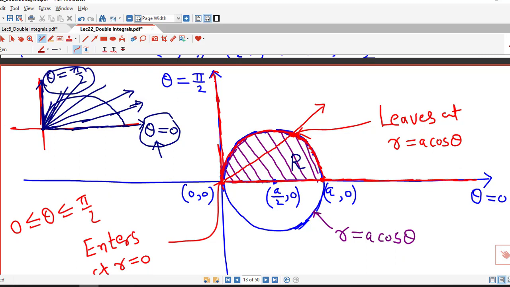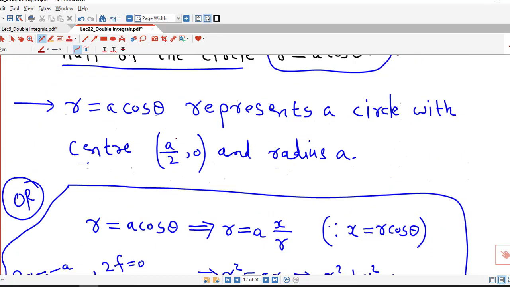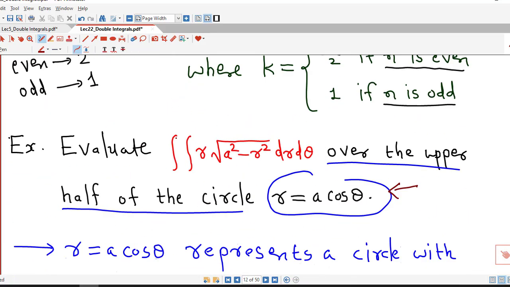For finding limits of r, we consider a ray starting from the origin and passing through the region of integration, and then we determine the value of r at the points at which the ray enters the region and the ray leaves the region. And to determine the limits of theta, we find the smallest possible value of theta and the largest possible value of theta that bound the region. And in this polar form, the integral is always with respect to r first.